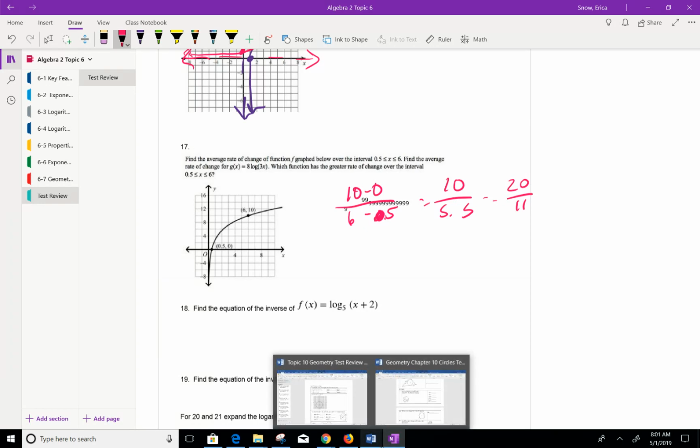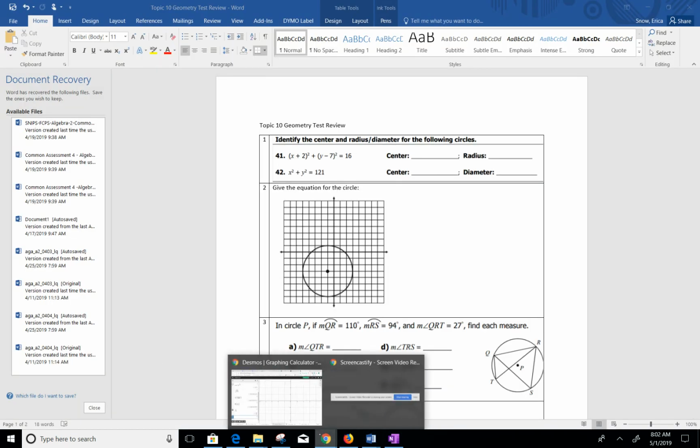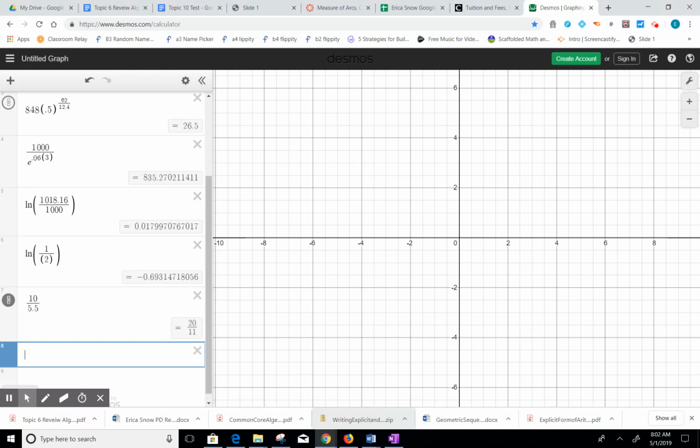Then it says find the rate of change for 8 log 3 of x over that same interval. So we're going to do 8 log of 3 times 6, and 8 log of 3 times 0.5. Well, little geometry review for you there.